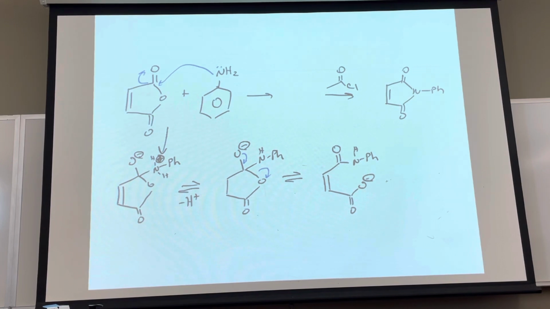So in the second half of the mechanism, it says you're going to take this and add to it the acetyl chloride. The acetyl chloride, if you think about it, is an acid halide, and that is the most reactive electrophile we have in these mechanisms. So this is going to have to act as your electrophile.